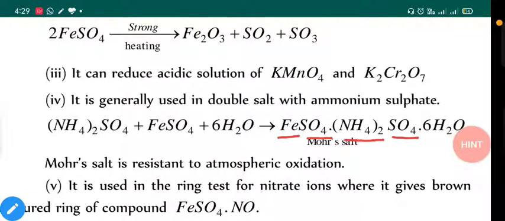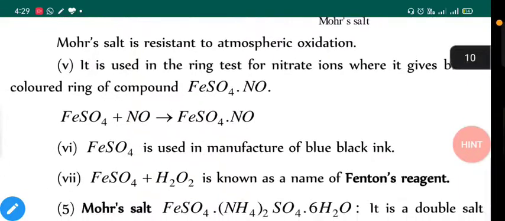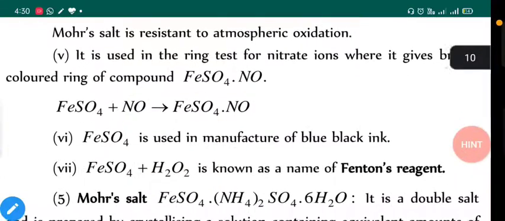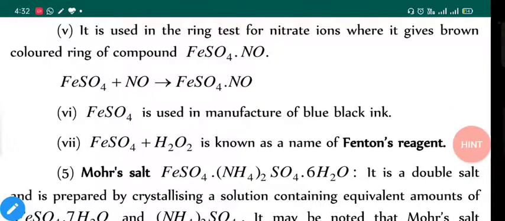So Mohr salt is resistant to aerial oxidation. Next, it is used in the ring test for nitrate ions, where it gives a brown colored ring of the compound FeSO4·NO. So this reaction is also one of the identification tests of Fe metal in a mixture.